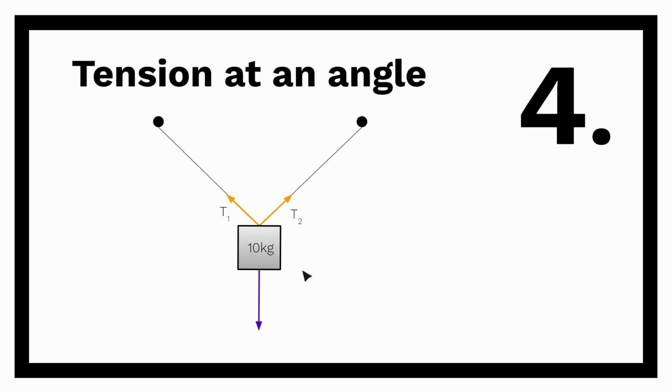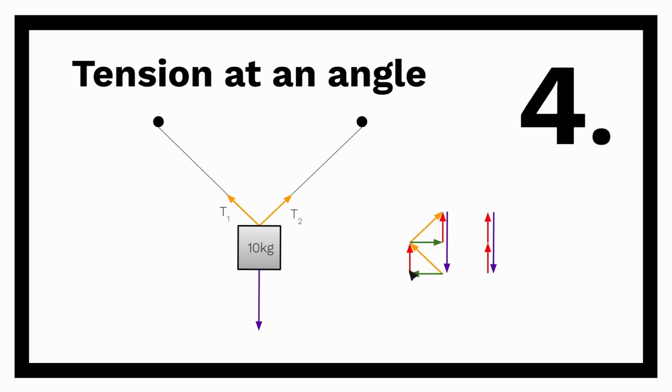So when we have two tensions, but instead of pulling straight up, now they're pulling at an angle. And it'll go through a similar process to when we were just going straight up, just one extra step for this one. So we start with just adding them up. So we can add up the oranges and then the purple and then the red, right?